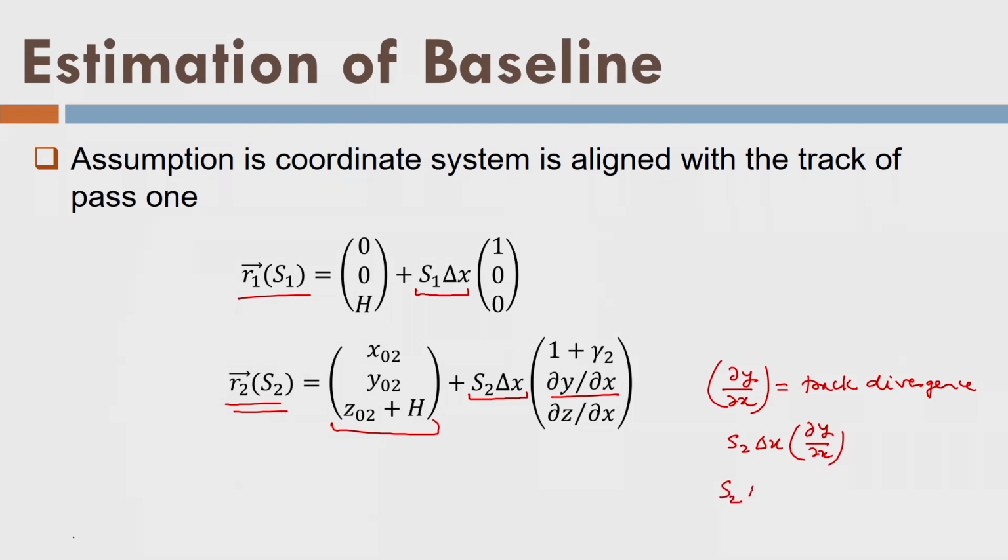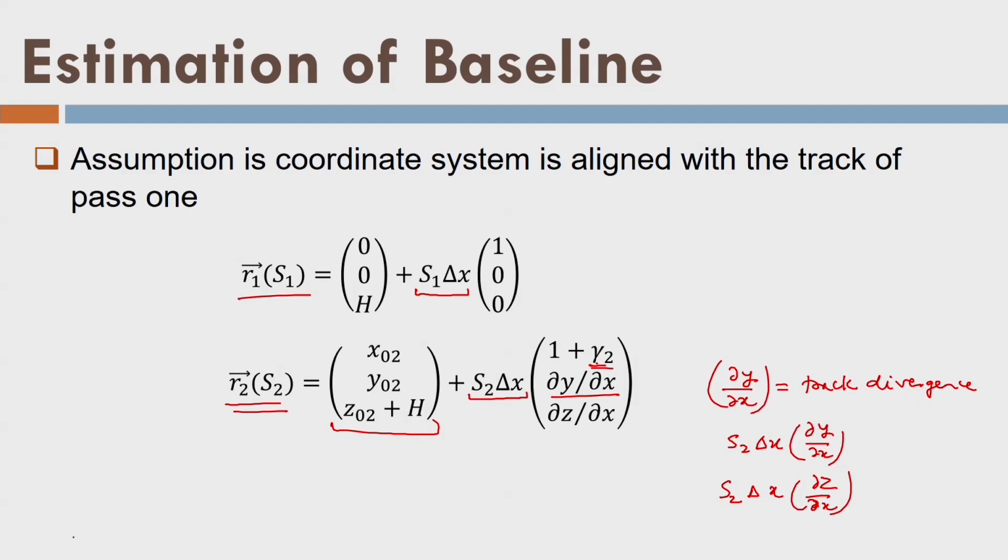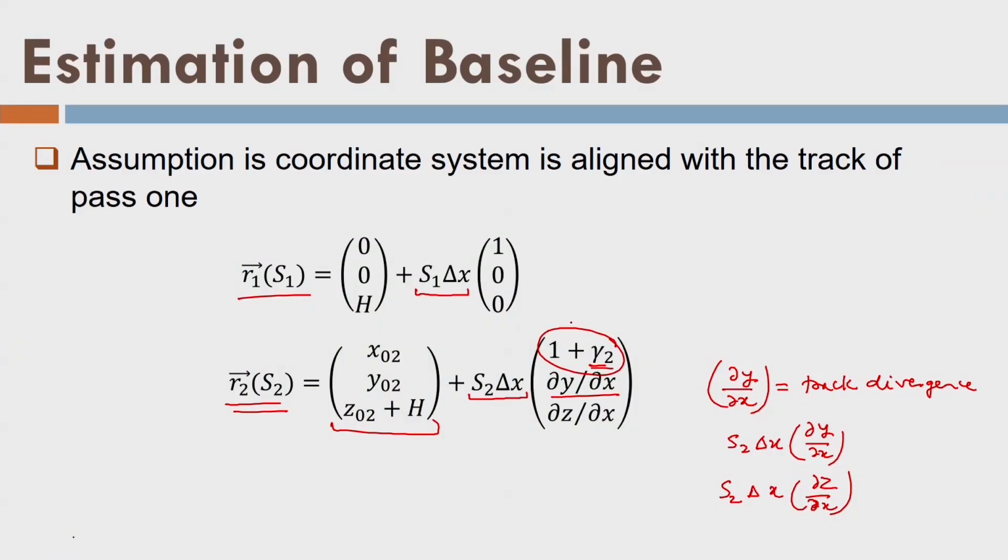Similarly, I have put corrections for the track divergence in z direction like this, and then I know that both tracks are parallel. So there is only a difference of the distance. Now I say that the track 2 is having some scale factor, and as a result this scale factor is gamma 2, which is less than 1. So it's 1 plus gamma 2 is total differential factor.